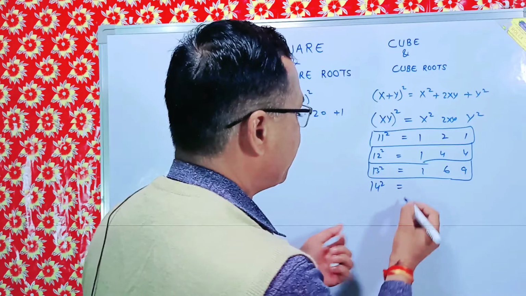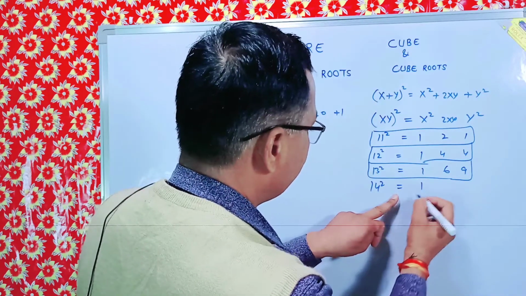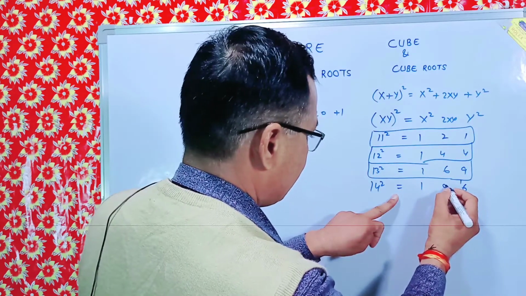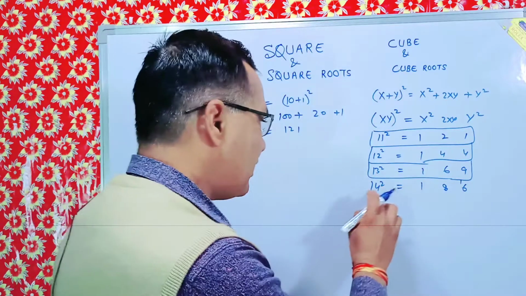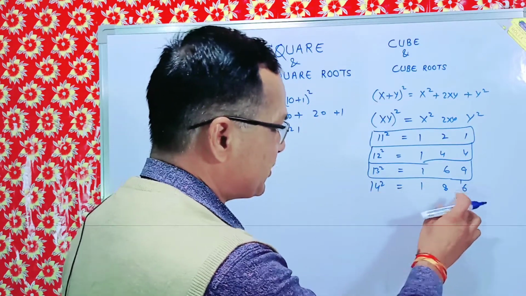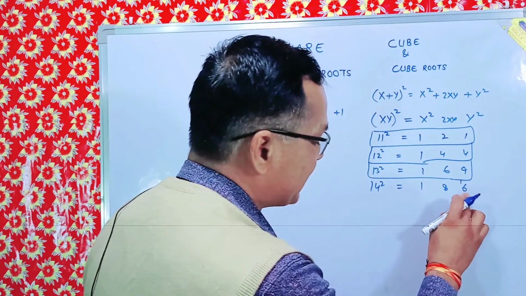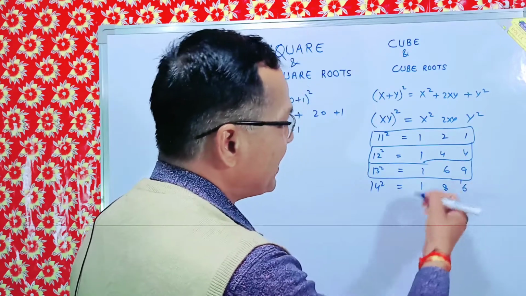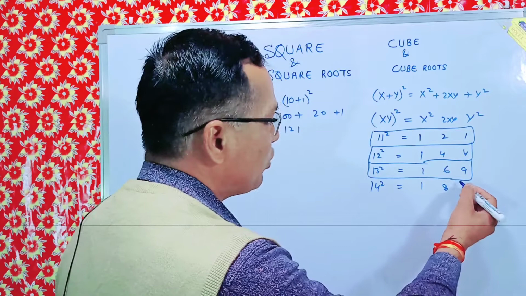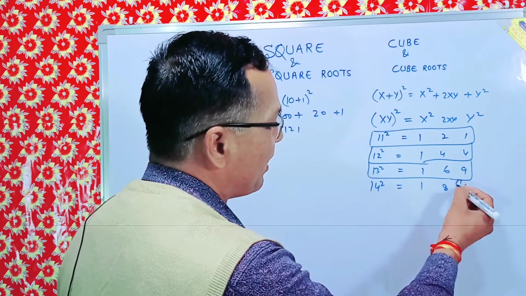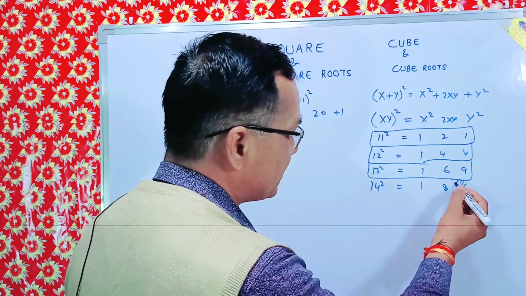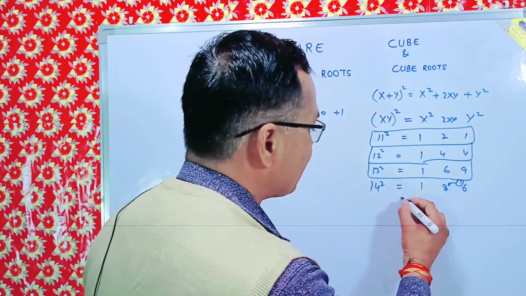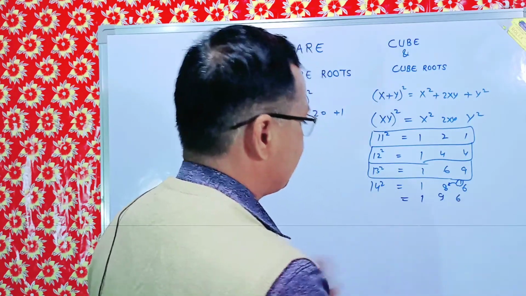If I take the square of 14, it will give us 1, 8 in between, and 1 square 1, 4 square 16. Here we will take the 16 like this. Means the number on the right side becomes the unit digit, and the one slipping to the left side becomes the tens digit, and the tens digit will take the addition position here. So it will give us 196 like this.